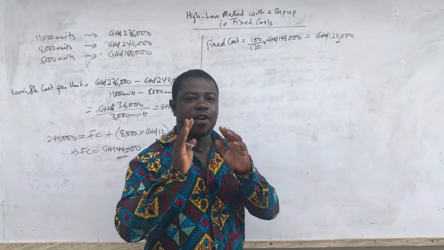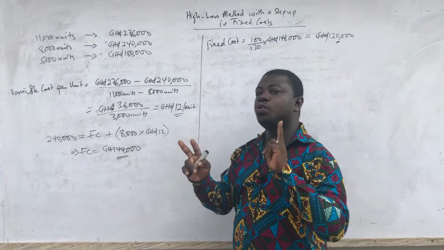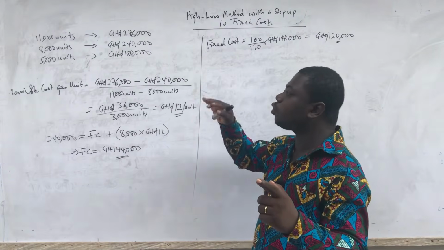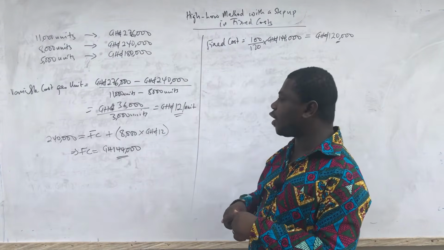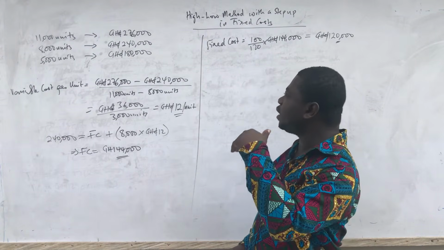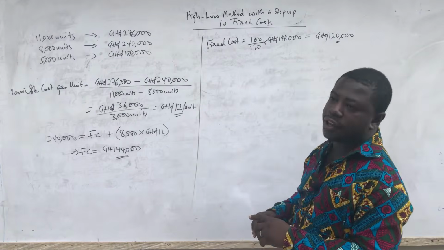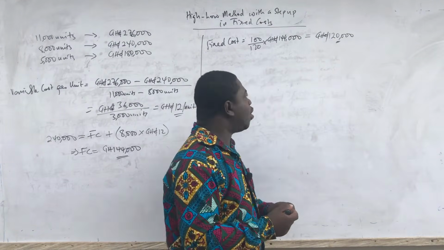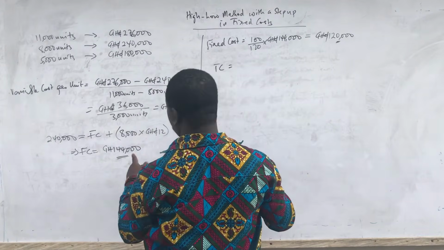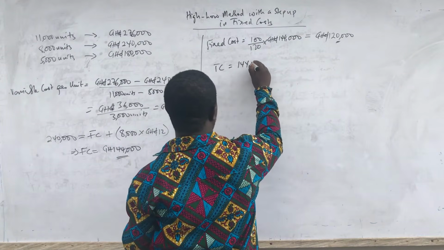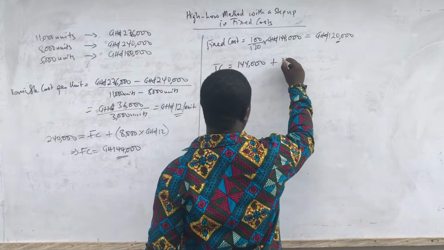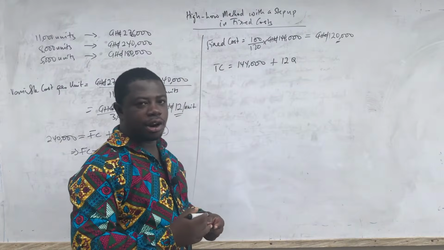And so we can find, as we did for the first one, two different equations for total cost. We can find the equation of the total cost when activity exceeds 7,500 using this fixed cost, and then we can find the same equation when activity is below 7,500 using the fixed cost for the lower level. Now the total cost at the higher range will be 144,000, which is the fixed cost after it exceeds, plus 12Q, because 12 is the variable cost per unit.